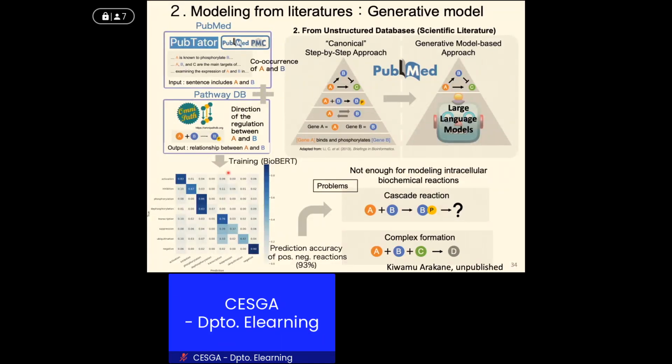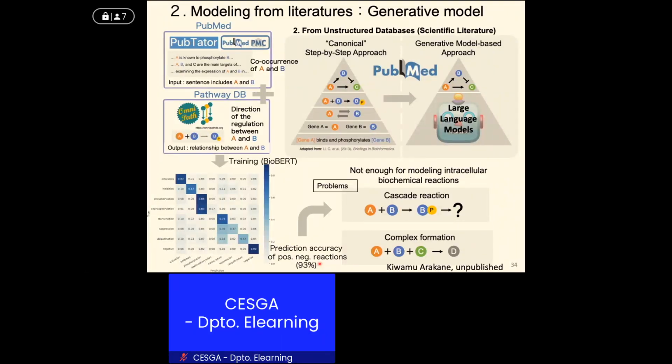And we trained this with BioBART, and then we estimated, on a very small scale, how well the A and B relationship is predicted. And we found that at least positive or negative regulation accuracy is more than 90%.